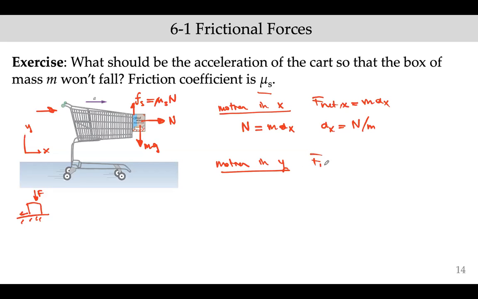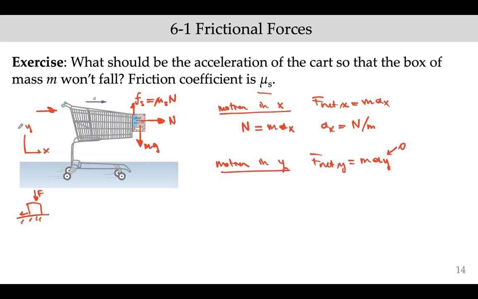In this case, F net in the y direction will be m times a y. Now, I want this to be specifically 0. Why? If there is acceleration of the box in the y direction, that means the box is falling down. I don't want that, so I want it to be 0. Now, let's think about the forces.